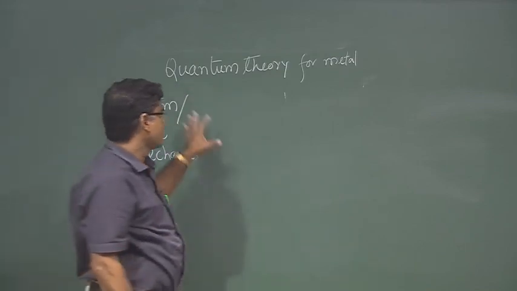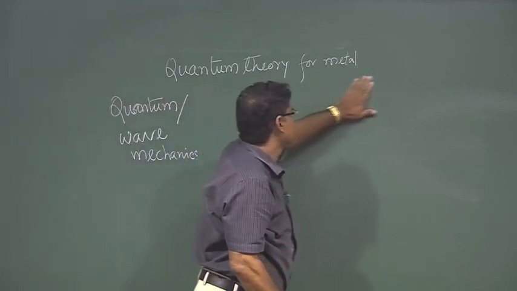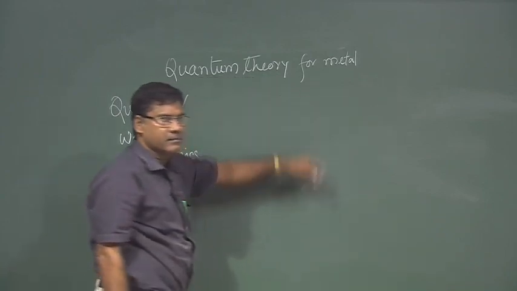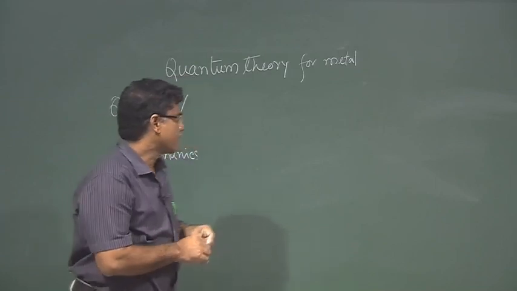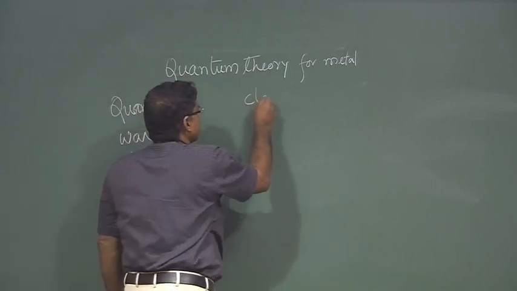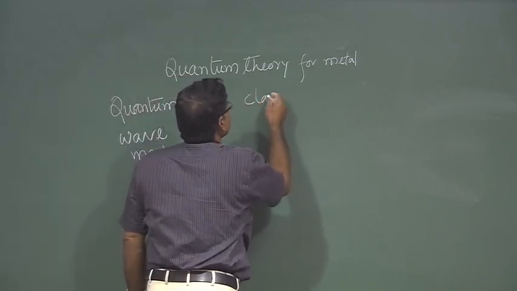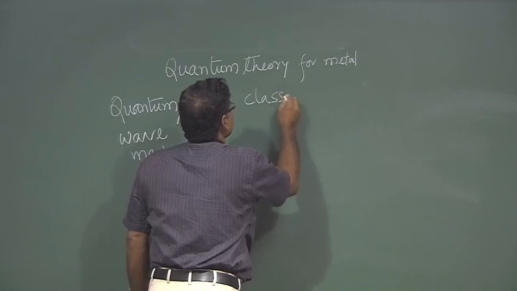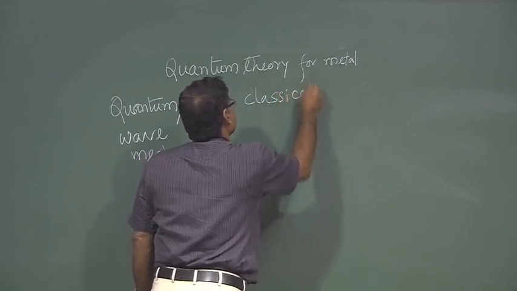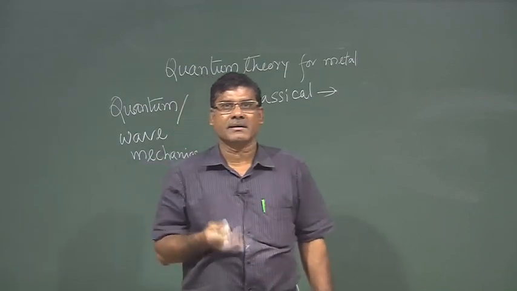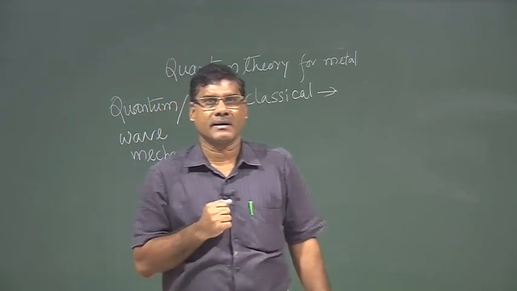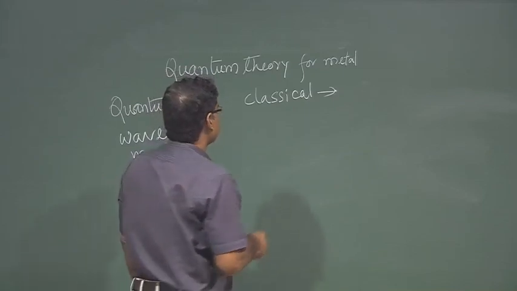So, quantum mechanics or wave mechanics, and classical mechanics: the main difference is that in classical mechanics one can take continuous energy, any energy a particle can take, any velocity a particle can take, etc. Okay.